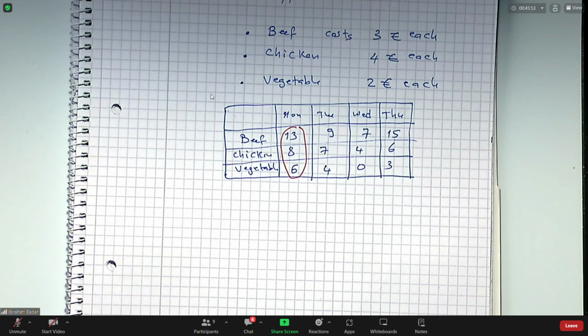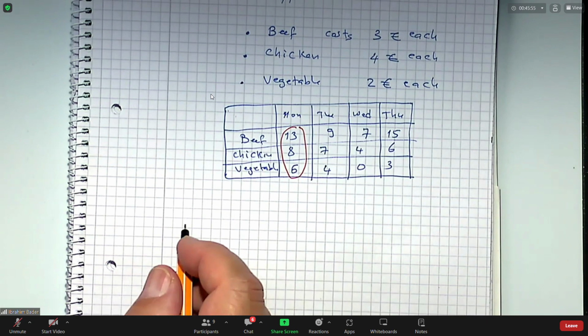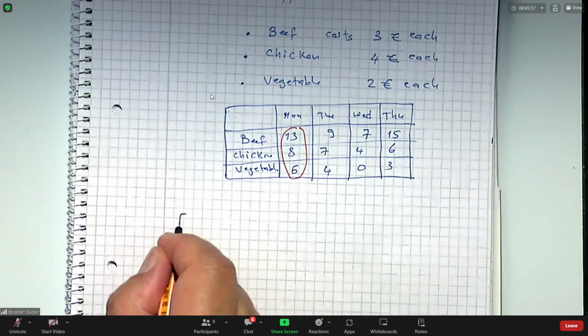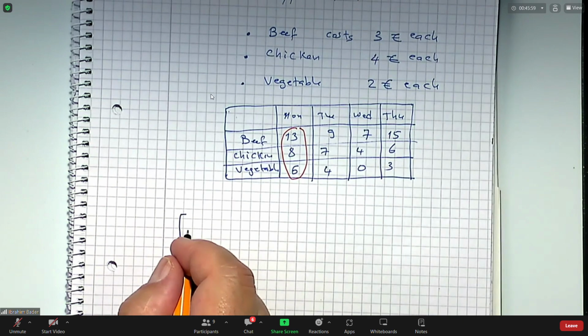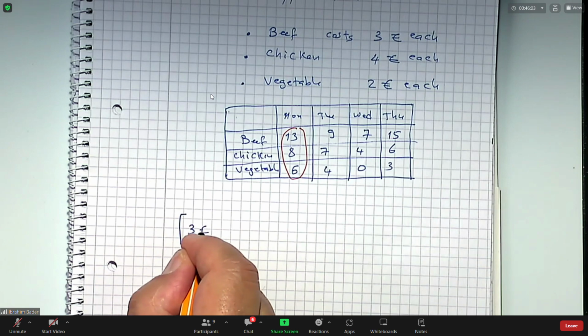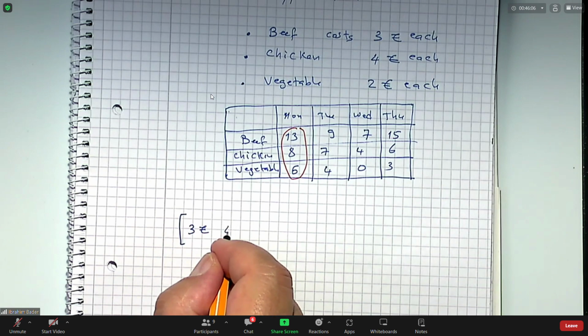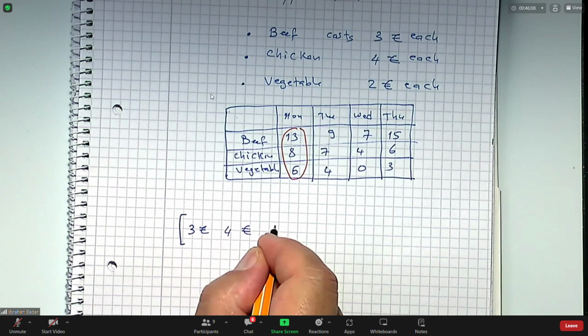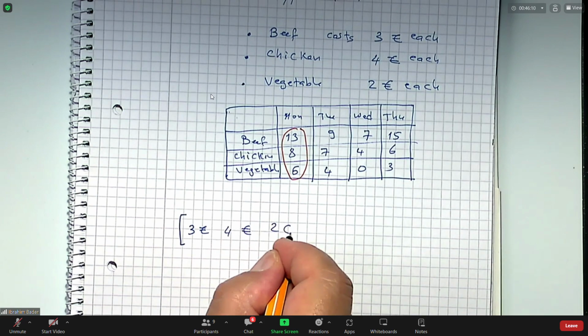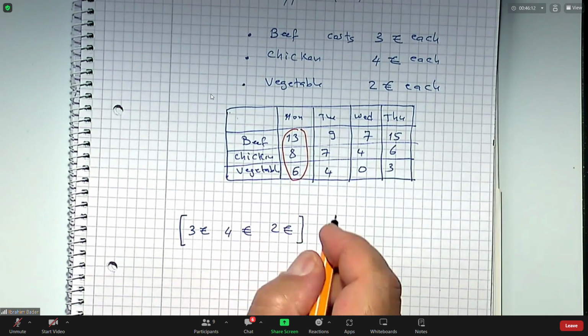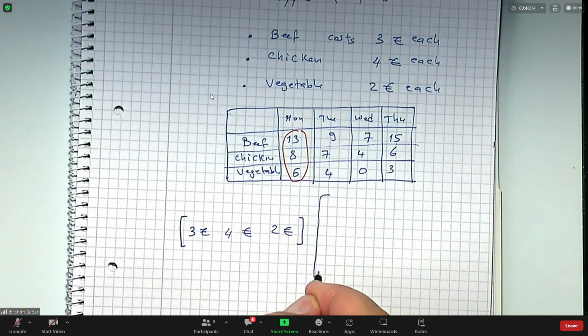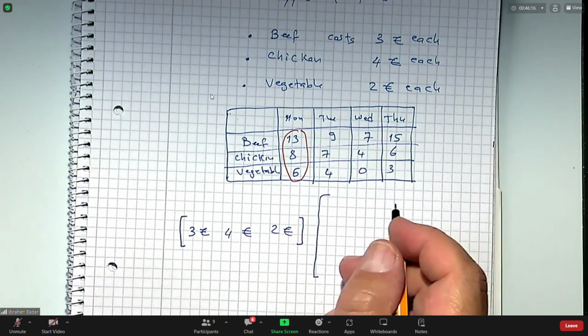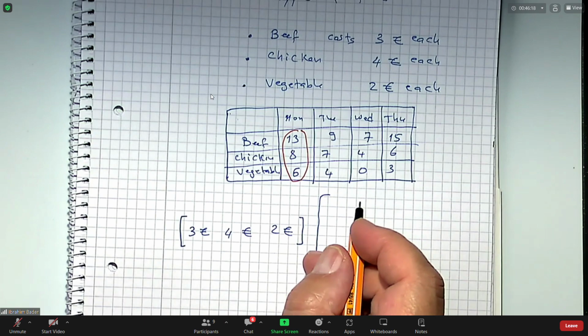If you'd like to do it in matrix form, let's assume this is the matrix containing the unit prices, 3, 4 and here €2, and we put all the items, or the units, in one matrix.